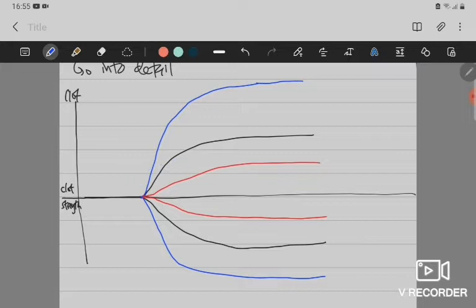This blue line, you can have different shapes of TEG or ROTEM.